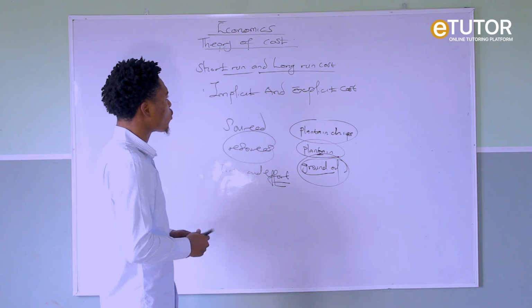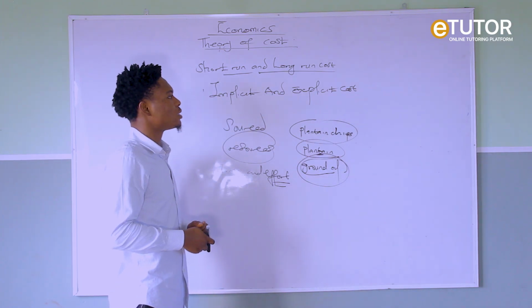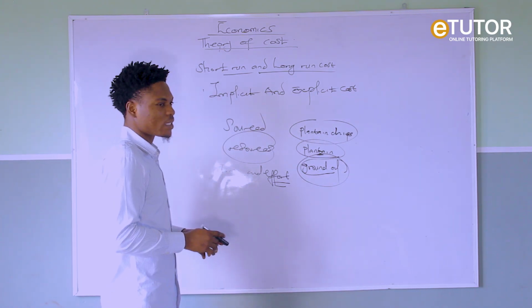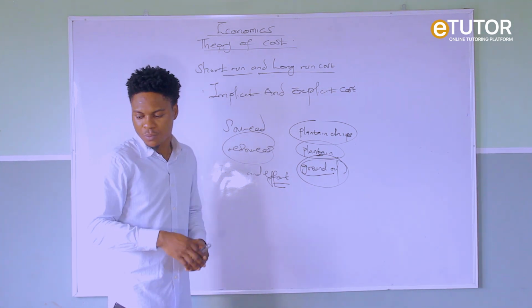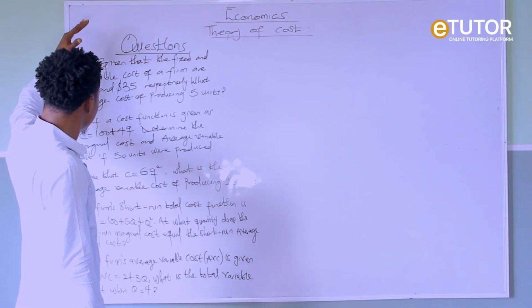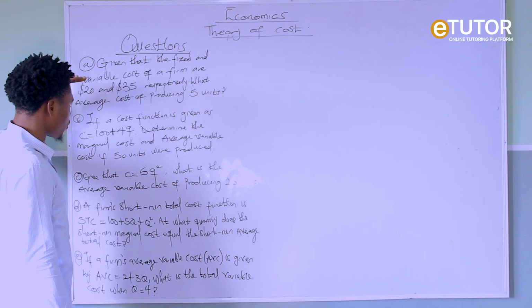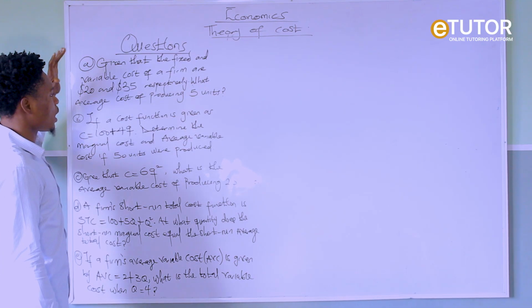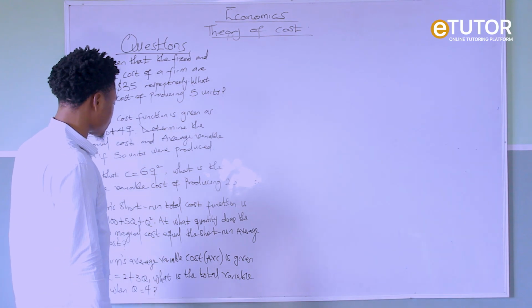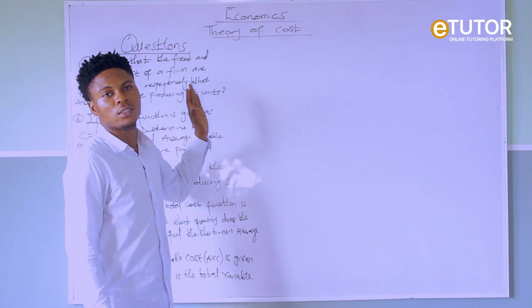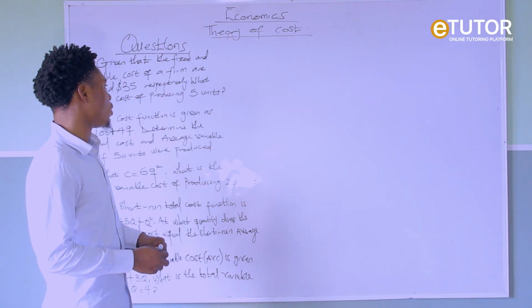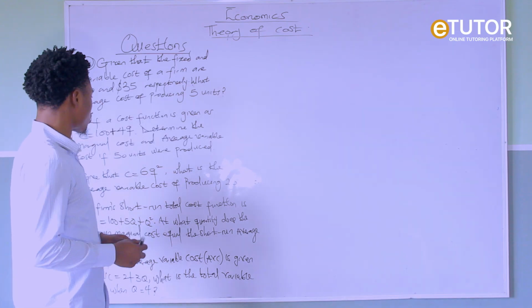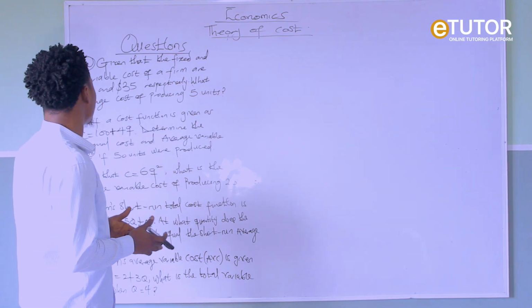So let's quickly solve a few questions on theory, on cost concept, and that will be the final note. Now let us take a look at these 5 questions. We have 5 questions on the board and we are going to solve them one after the other. There are questions under the cost function, and we are also trying to get each cost concept depending on the questions we have.